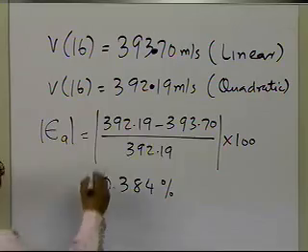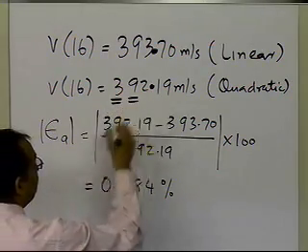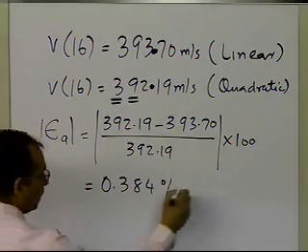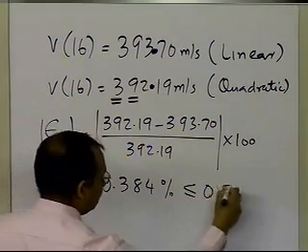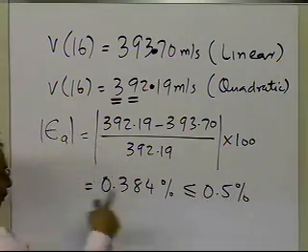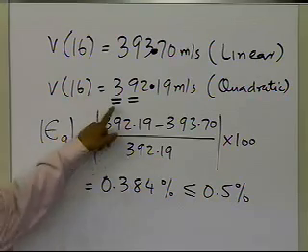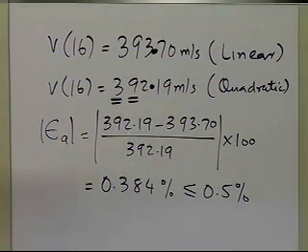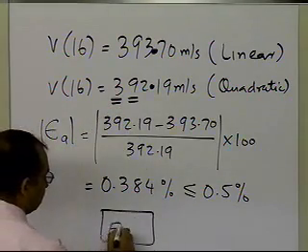And in that case, that means I can trust this 3 and I can trust this 9, because this is less than or equal to 0.5%, which represents at least two significant digits being correct in my solution. And that's the end of this segment.